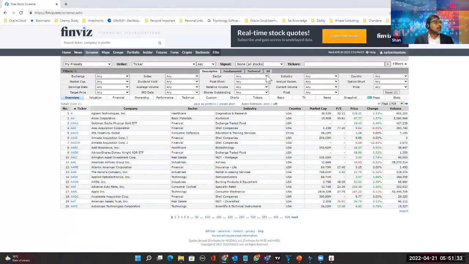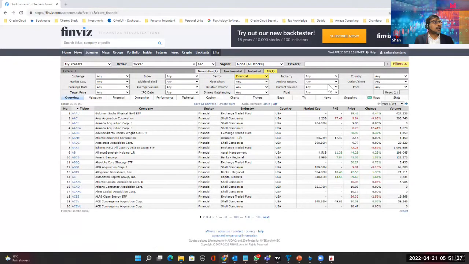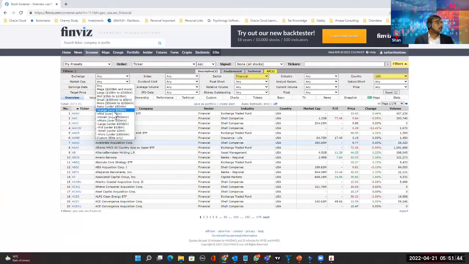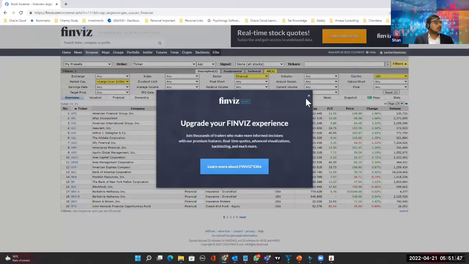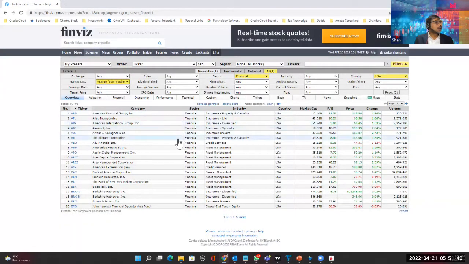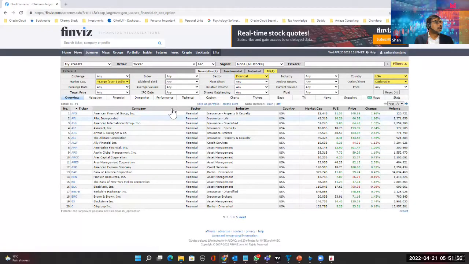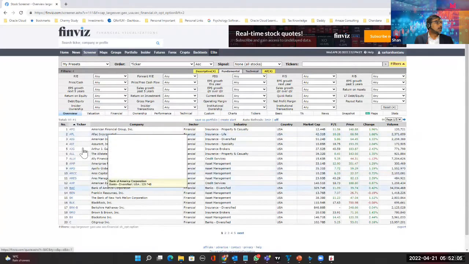So as I mentioned, initially we selected financials, and then country as US, market cap large, and optionable, and then we select some fundamental factors.